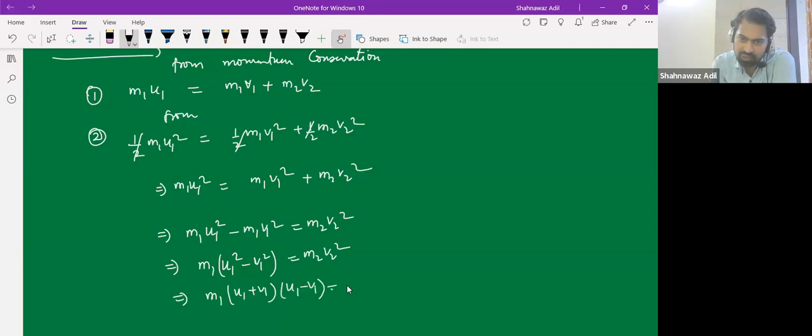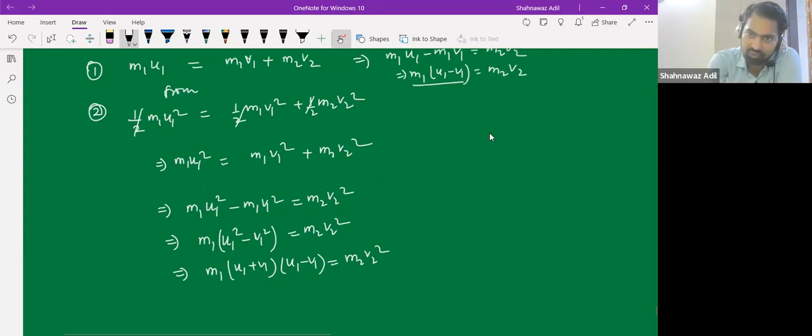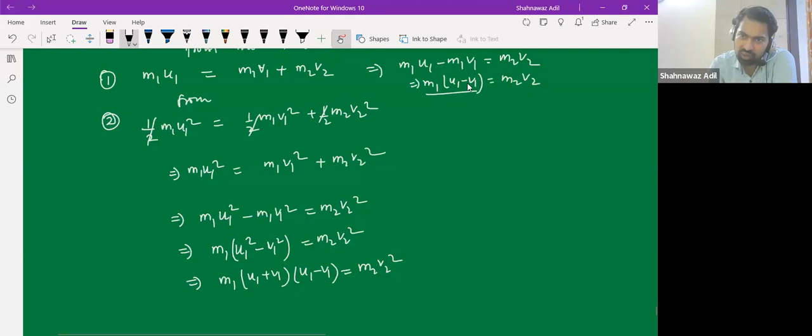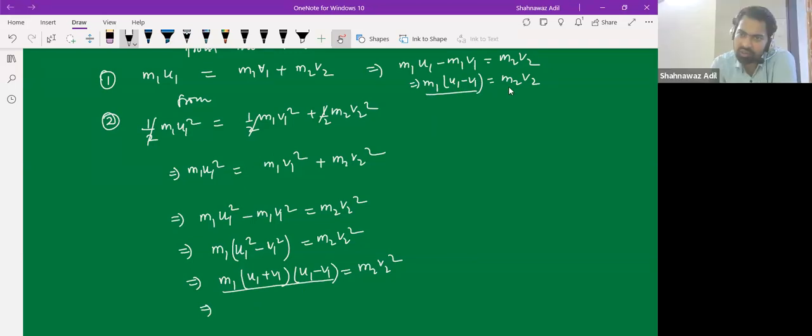So what will we do next? Do you remember? We will use the value of M1 times U1 minus V1 from the momentum equation. So M1 U1 minus M1 V1 is M2 V2. So M1 times U1 minus V1 is M2 V2.